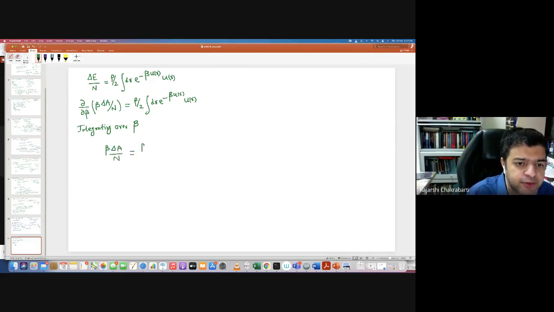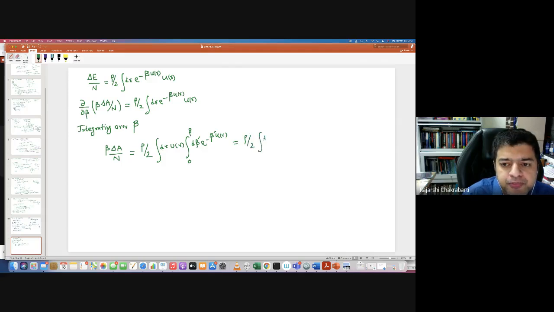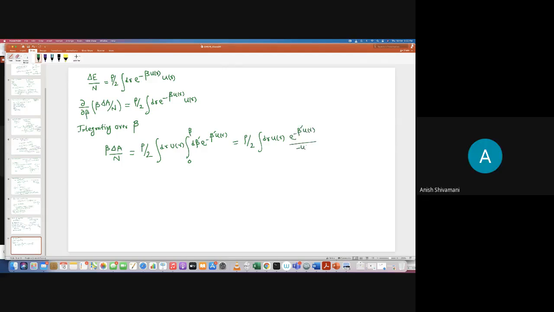And on the right hand side, what should I get? I have this ∫dr u(r). Then I also integrate from 0 to β, changing to the dummy variable β'. What I get here is ρ/2 ∫dr u(r). This one you integrate, what am I going to get? Minus 1/u(r), exponential of −β'u(r).